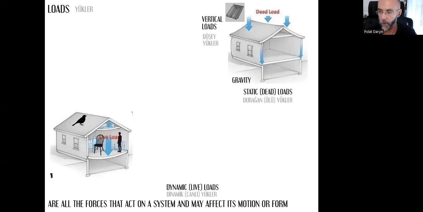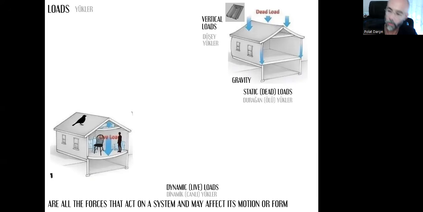Instead of one person, if five people go there, then we will cast a larger load. So the density or the level of the load may change. The presence of the load may change. If the bird flies away, then there is no load.